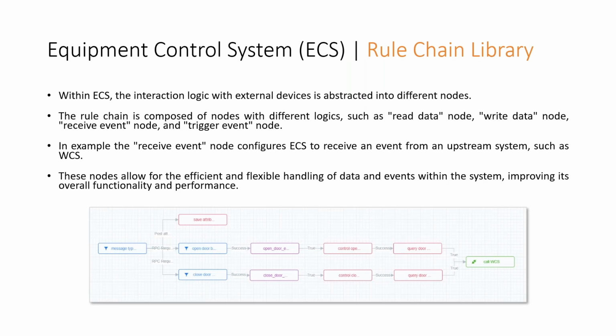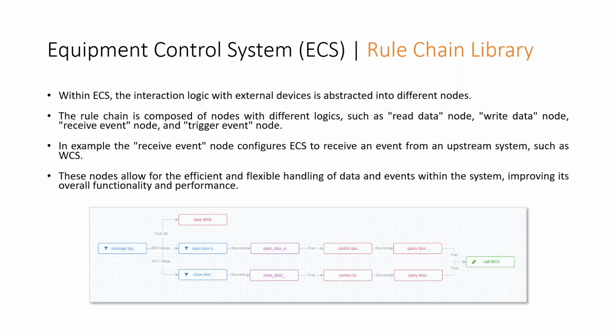The rule chain library is a flowchart type of block diagram that you can use to tie nodes together. Each node represents some type of functionality, whether it's reading data, writing data, triggering an event, waiting on an event.